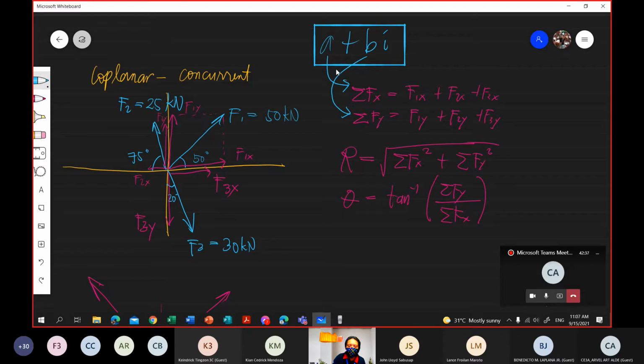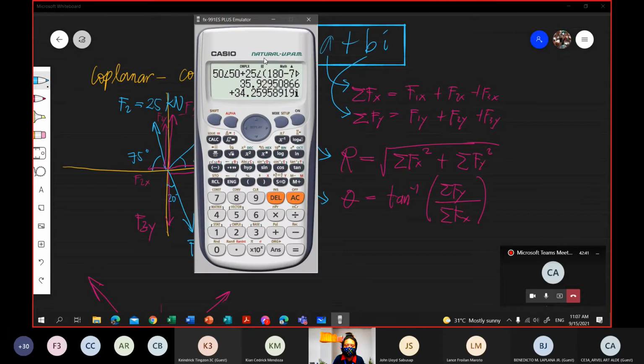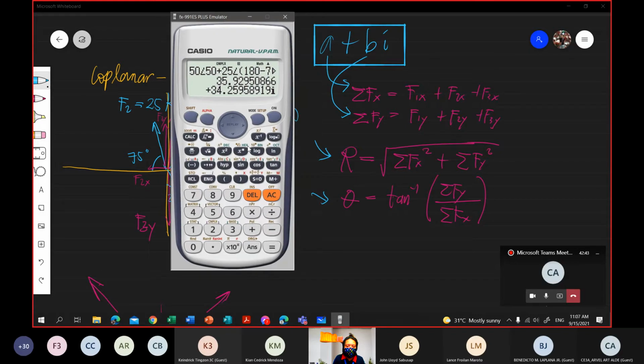We are trying to solve for R and theta. So how do we do that here in your calculator? Press shift number 2 for complex. We will transform this one. You see my cursor at A plus Bi.